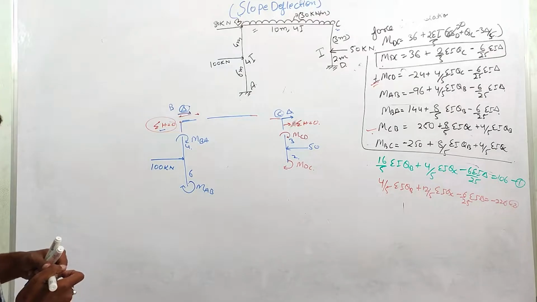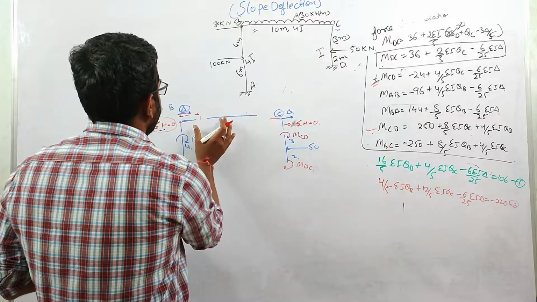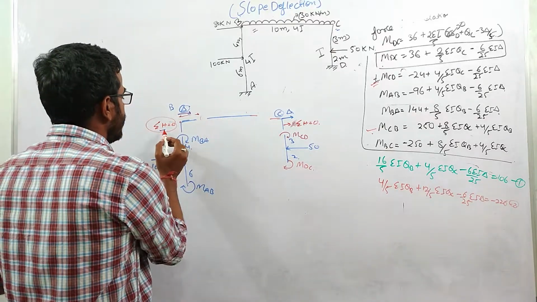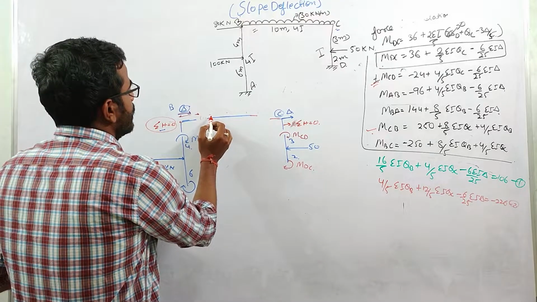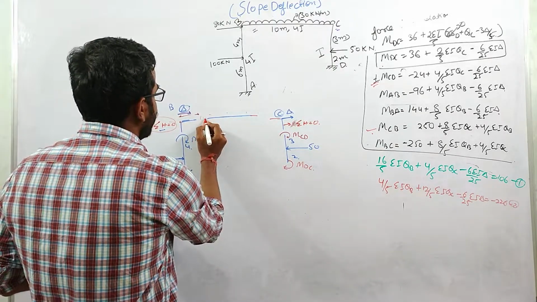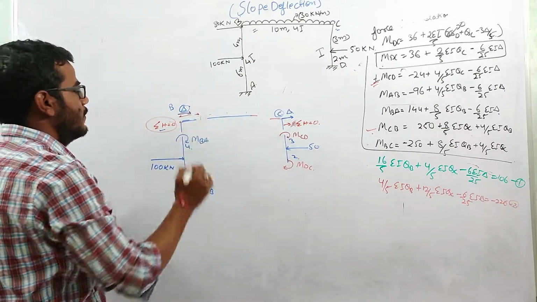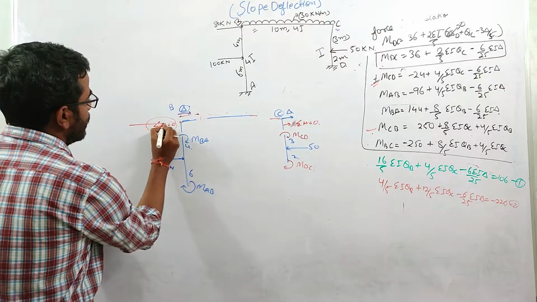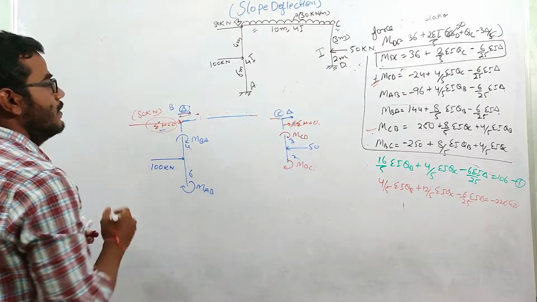Even if you show this load, there will be only vertical reactions. But we need to write the equilibrium equation in horizontal direction. So due to this load there won't be any horizontal reaction generating, because these are vertical loads. That's why I'm not showing the loads at this point. And at this point you can see that there is a load of 80 kilonewton.